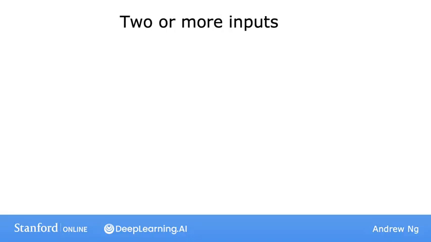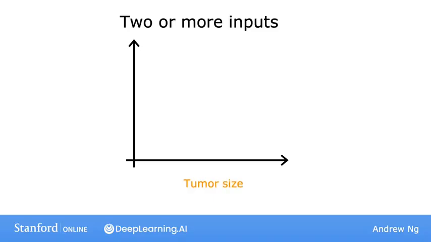In the example of supervised learning that we've been looking at, we had only one input value, the size of the tumor. But you can also use more than one input value to predict an output. Here's an example. Instead of just knowing the tumor size, say you also have each patient's age in years. Your new dataset now has two inputs, age and tumor size.